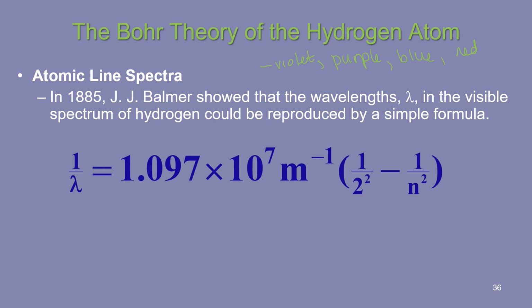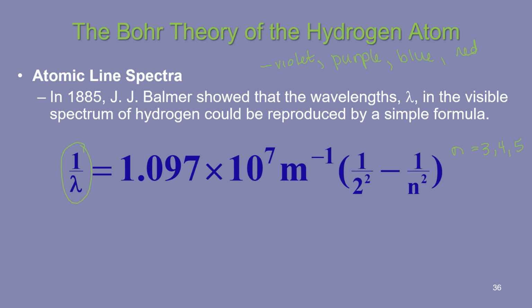He said, okay, the inverse of the wavelength is equal to this number times this quantity, 1 over 2 squared minus 1 over n squared, where n is just some constant. n couldn't be 2 because that would end up being 0, but n could be 3, it could be 4, it could be 5, etc.